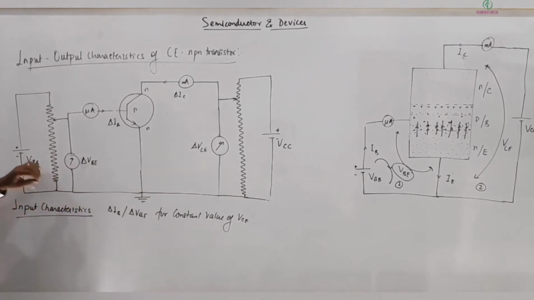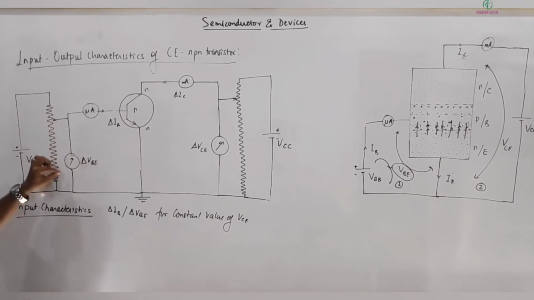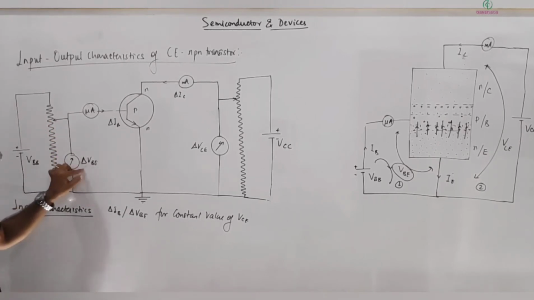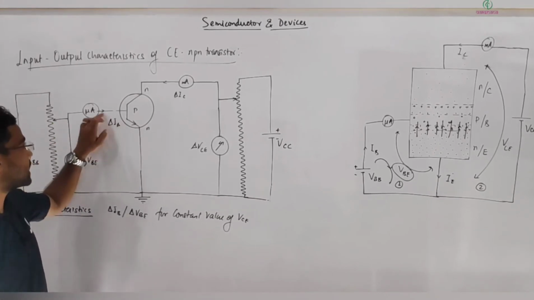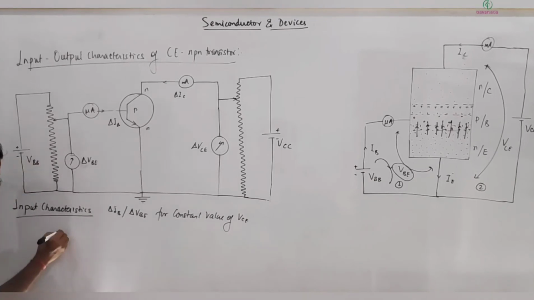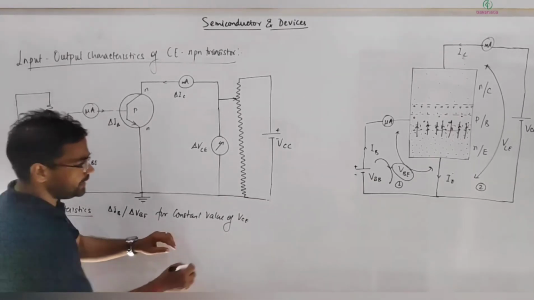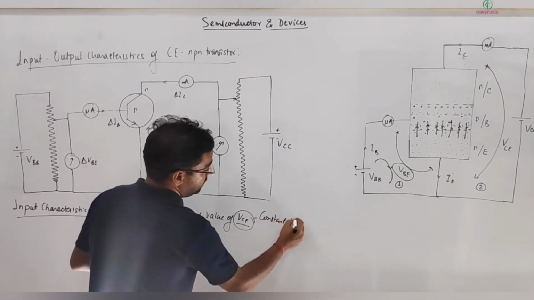Then by changing this resistance, we can get different values of VBE. Let's say we move it up, so VBE is initially very small, and then we see how the base current IB varies.